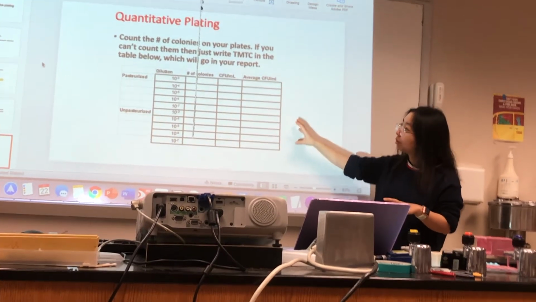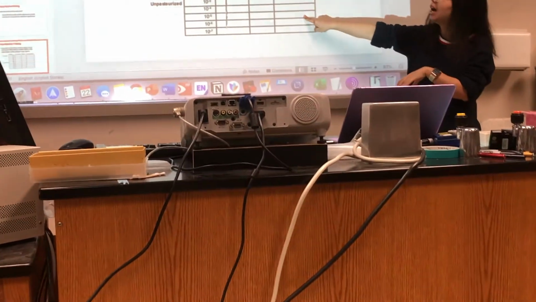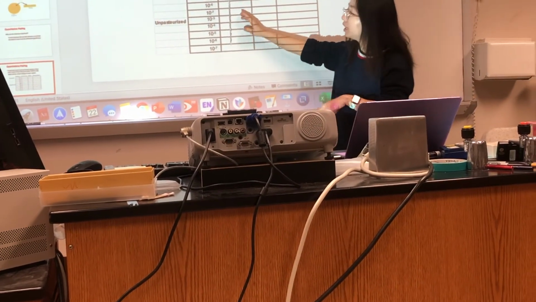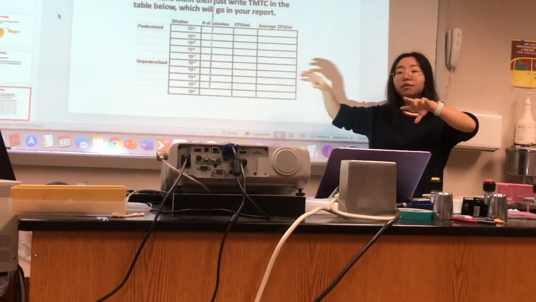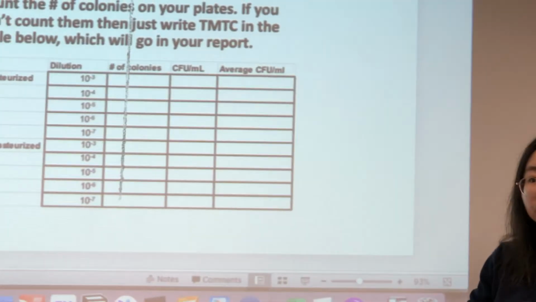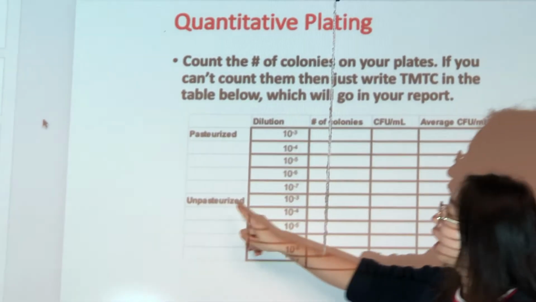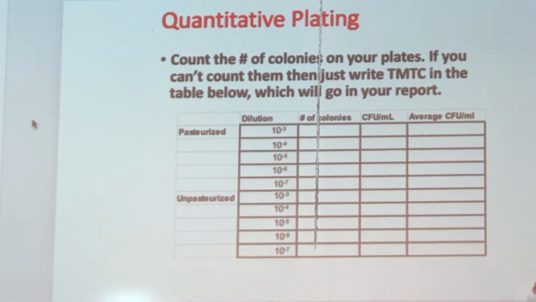The table shown here is important for the results of your quantitative plating lab report. For your lab report, I would like you to have a table exactly the same as shown here. And we have two sets. We have pasteurized milk samples, which we set in the 33 Celsius water bath for 30 minutes. This is a method we call pasteurization. And unpasteurized room temperature samples.